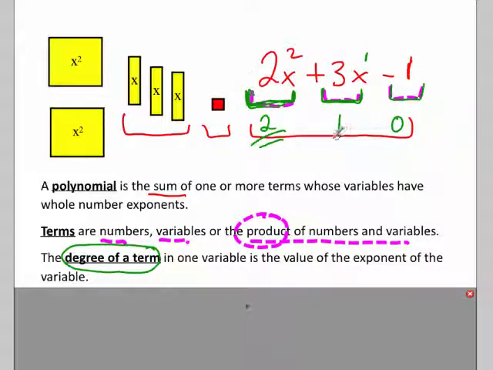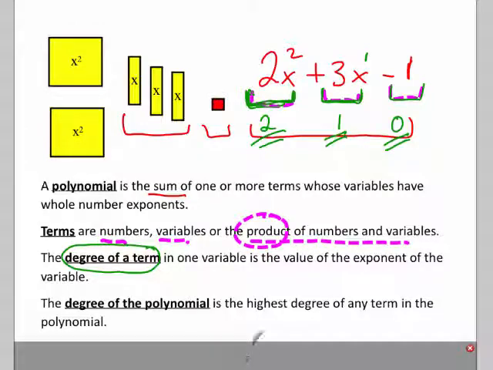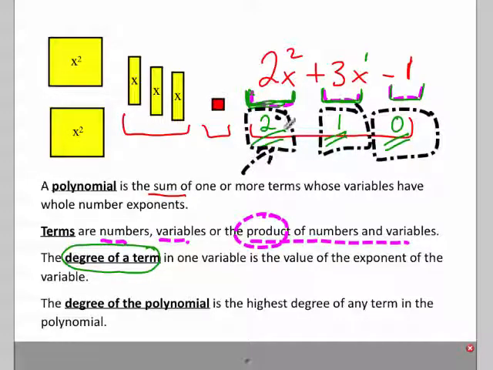Degree 2 for the first term, degree 1 for the second term, degree 0 for the third term. And then we have another term, the degree of the polynomial. It is simply the largest of the degrees of any term. And since that number is 2, we say that the degree for this polynomial above is degree 2.